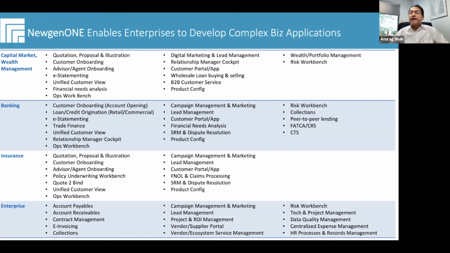I just wanted to give the breadth of the use cases which can be done on a digital transformation platform, be it in capital markets and wealth management, for your customer onboarding, for your advisor onboarding, client reporting on the wealth and the investments that high net worth individuals would have made. Different days, they would ask for different types of reports on their investments, different views.